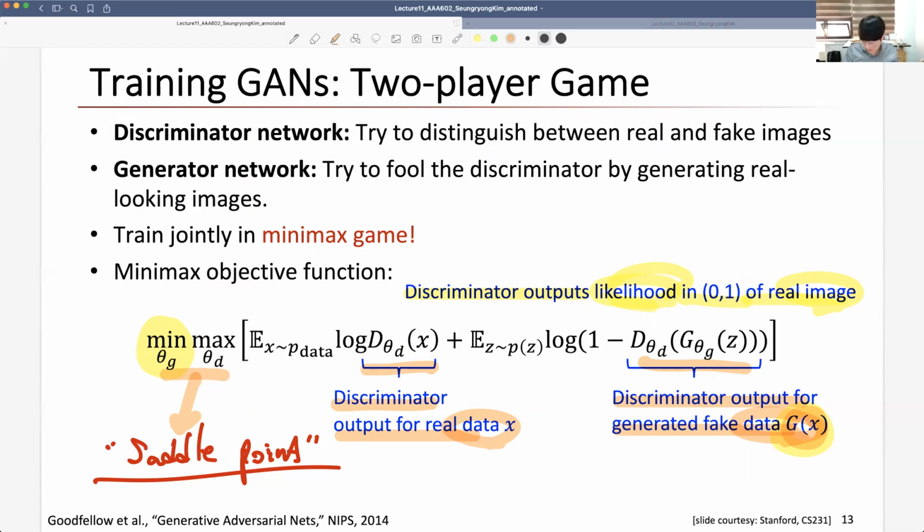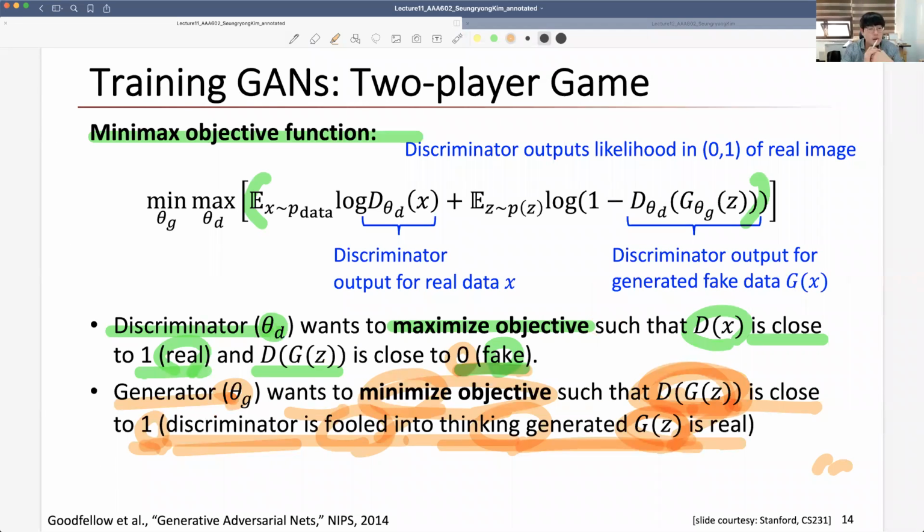As we discussed on the previous slide, D theta d of x is the discriminator output for the real data x, and D theta d of G theta g of z is the discriminator output for the generated fake data. The discriminator output is a likelihood between 0 and 1 that the image is real.